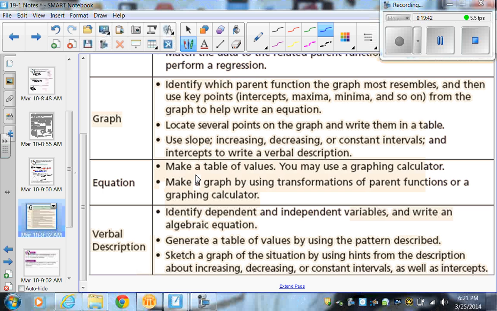If I'm given an equation, you can make a table of values, or you can use your graphing calculator to make the graph. If you're given a verbal description, identify which is your dependent and independent variables to write an equation. You can also generate a table and then sketch the graph.